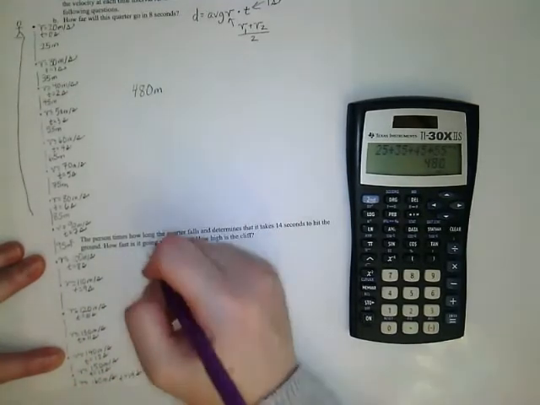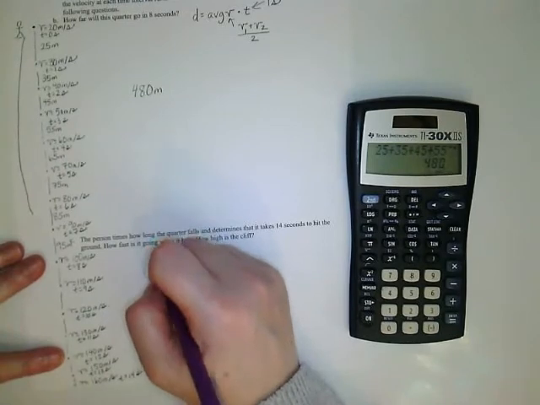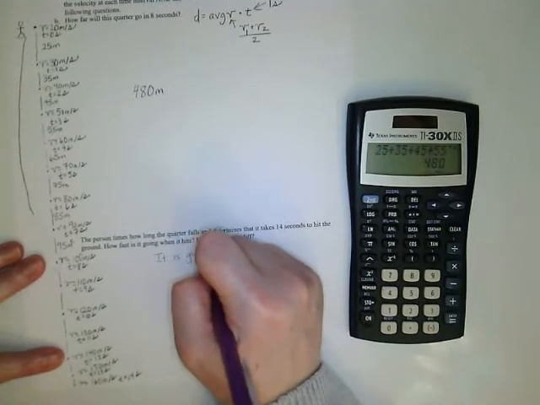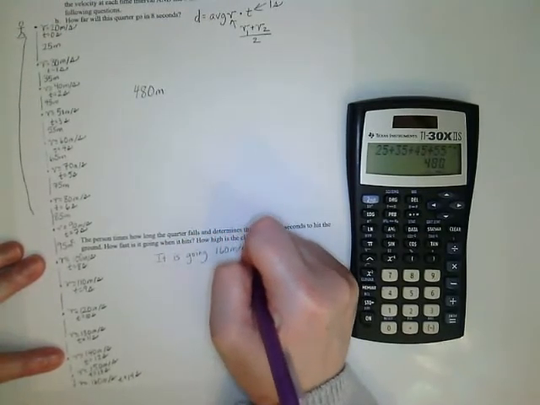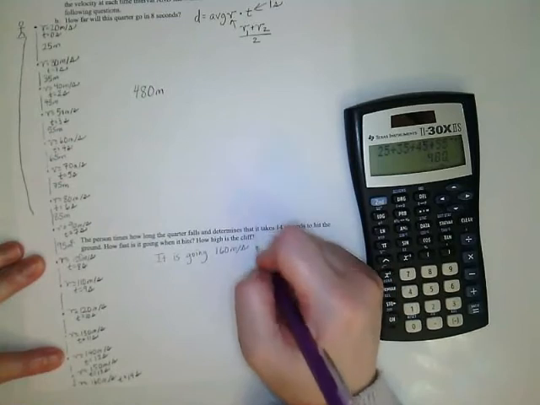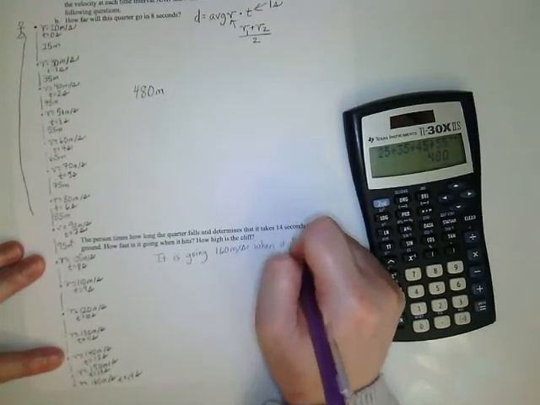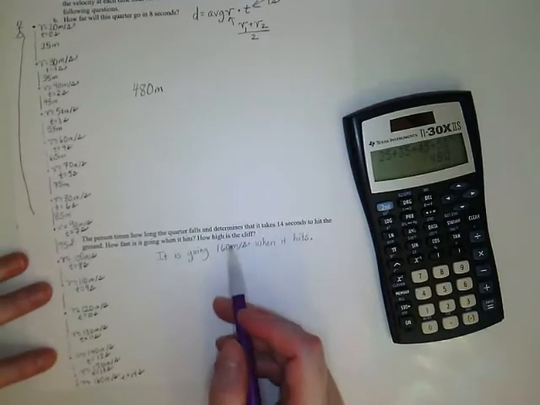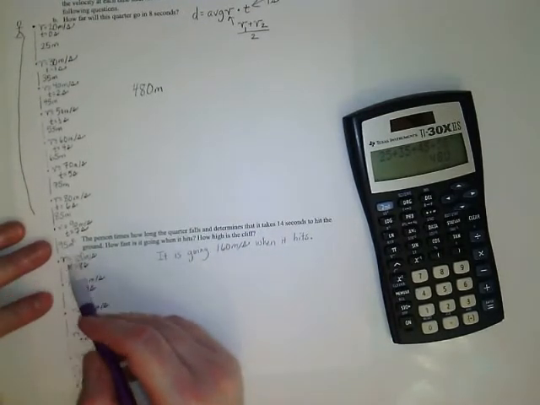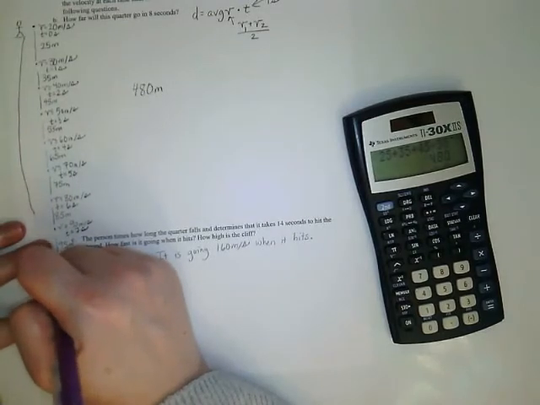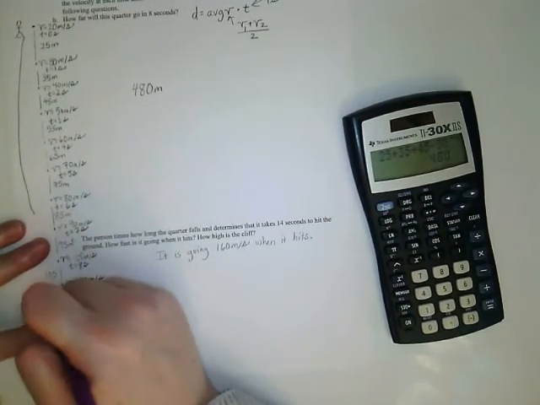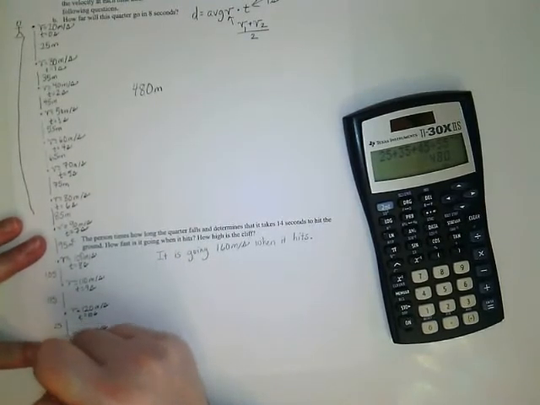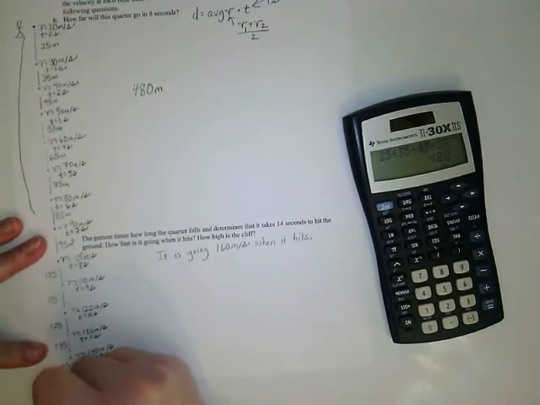So how fast? It is going 160 meters per second when it hits. How high is the cliff, right? I have to keep kind of doing this, but I can just do that kind of trick, right? This is 105. This is going to be 115, 125, 135, 145, 155.